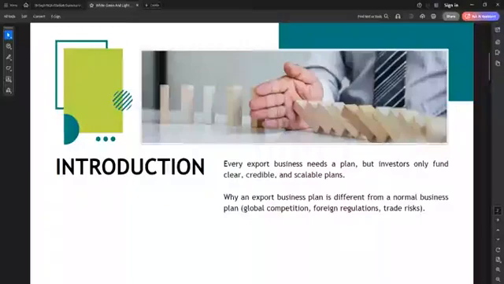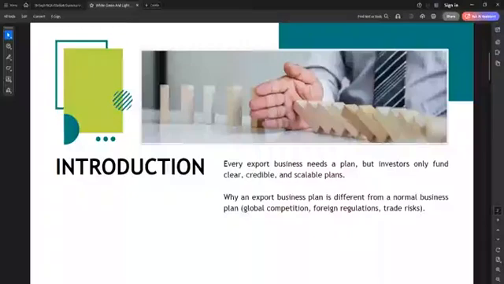In the case of a general business plan, you are creating an operational guide, an operational manual concerning your business. Investors, clients, employees, partners, etc. can go through it.